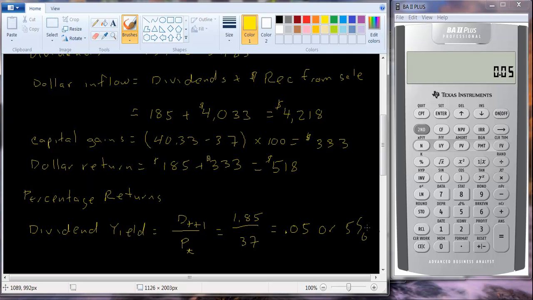Keep in mind you're not always going to get such a round number, and I've mentioned several times you need to set enough decimal places. When you don't see any decimal places after the 0, this is floating. That means I get all the decimal places. If you only set it for 2 decimal places, there may be times when you get 5.25%, it just rounds it off to 5, and that's not really correct.